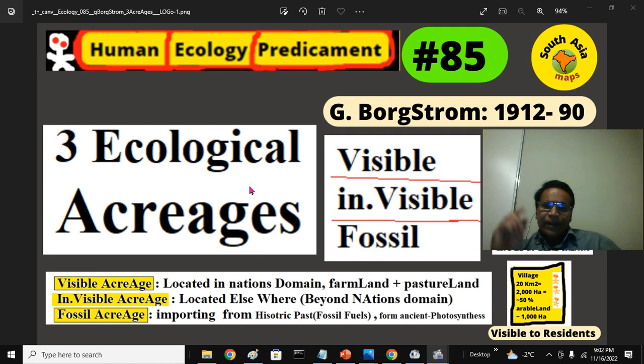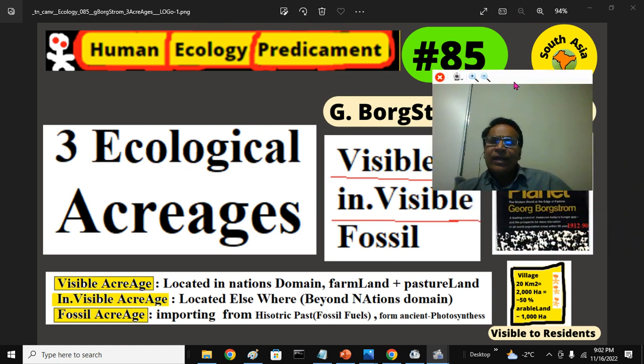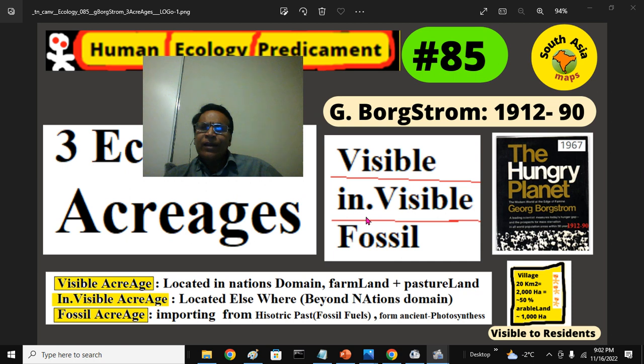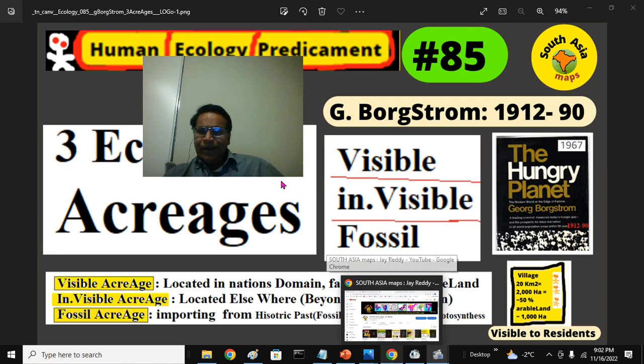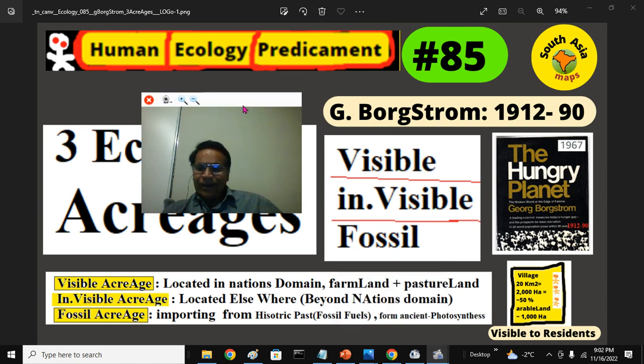One square kilometer equals 100 hectares or 250 acres. One hectare is nearly 2.5 acres. There are three acreages: visible acreage, invisible acreage, fossil acreage. After this presentation, you will get a very clear picture of these acreages and how they affect us.